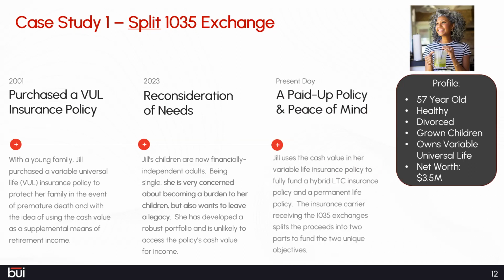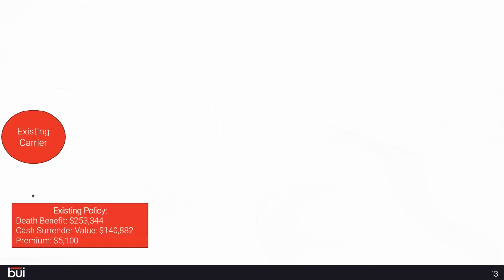To help her better accomplish her goals, we looked at what we call a split 1035 exchange, a 1035 exchange into a product that would provide longevity protection but also a guaranteed legacy for her children. Let me go through the mechanics of how this all went down. Her existing policy looked like this: $253,000 death benefit, $140,000 in cash surrender value, and a $5,100 premium.